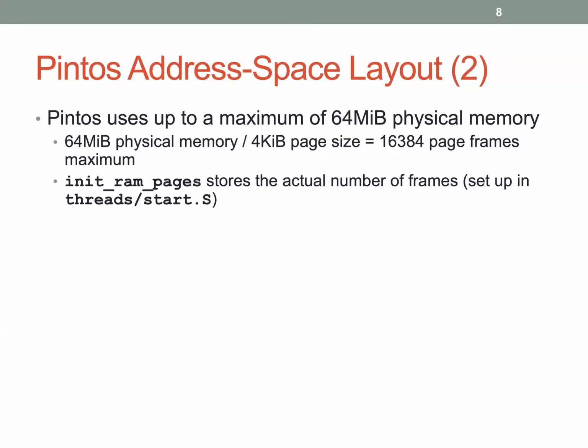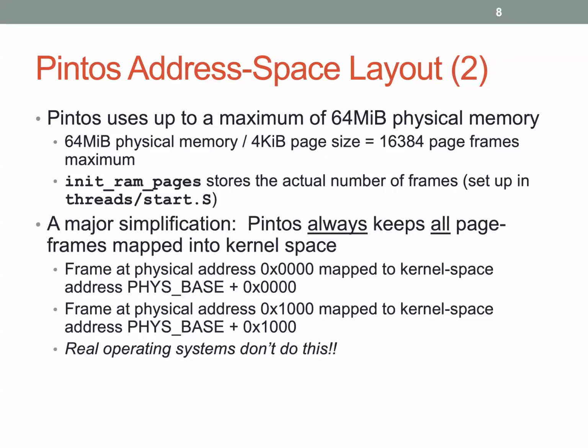Okay. Major simplification, and like I was saying, Linux absolutely does not do this. And so, like I say on the slide, Pintos always keeps all page frames mapped into kernel space. Linux doesn't do this because it's infeasible to map the entire address space into kernel space, because if the entire address space is 4 gigs, because the computer has 4 gigs of RAM, you can't map that into 1 gig.